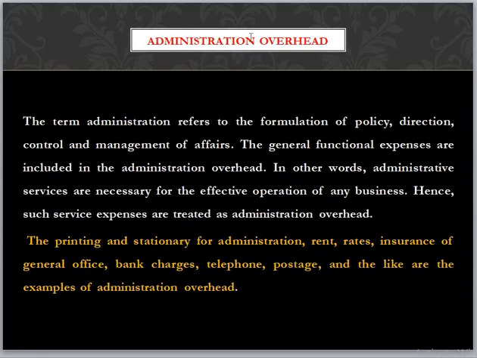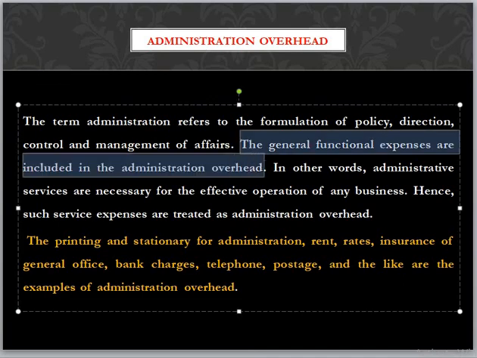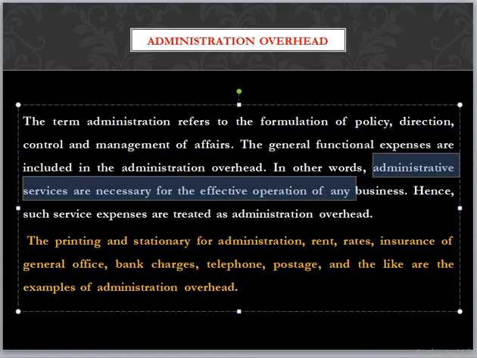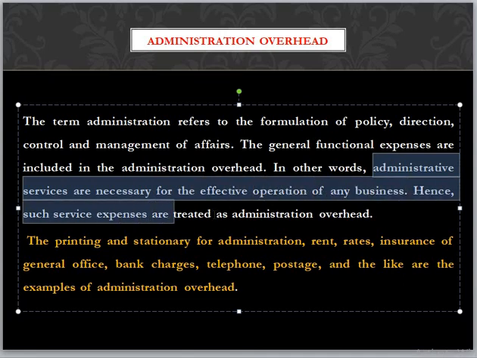Next is administration overhead. As the name indicates, the term administration refers to the formulation of policy, direction, control, and management of affairs. The general functional expenses are included in the administration overhead. In other words, administrative services are necessary for the effective operation of any business, hence such service expenses are treated as administrative overhead.